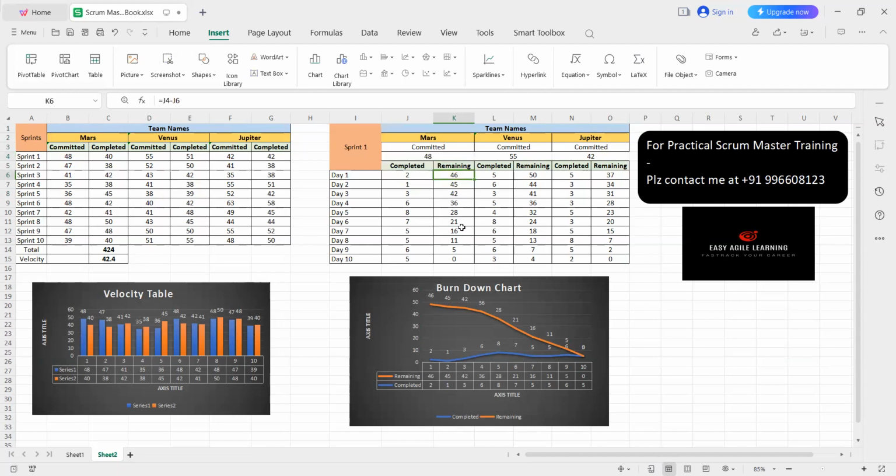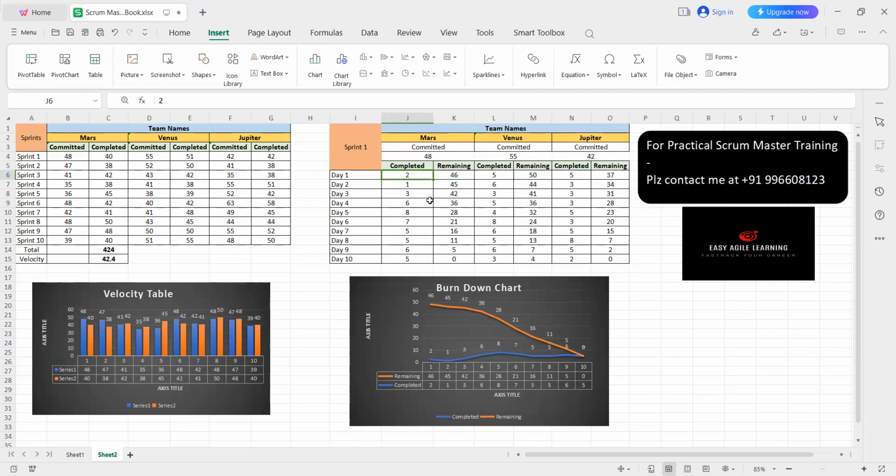So if you look at the chart, it talks about the burn down, right? The burn down chart is moving down. The reason is simple. There is no scope change here in terms of either addition or deletion of story points. Simply, the chart is moving down as the team is burning more story points, right?